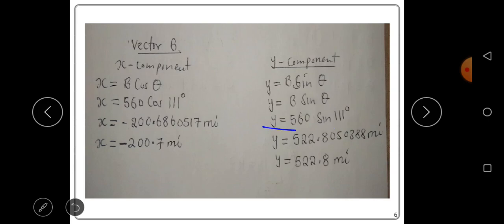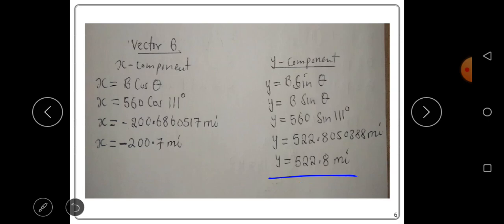So when we punch this on a calculator, it will give us 522.8050388 miles. So we can write this in four significant figures as 522.8 miles. So this becomes the y component of vector B. Then this is the x component of vector B.